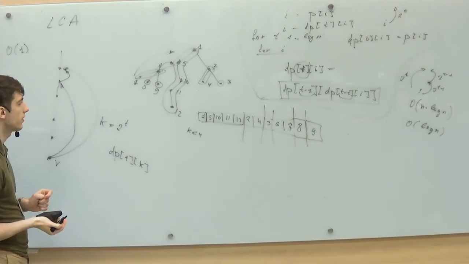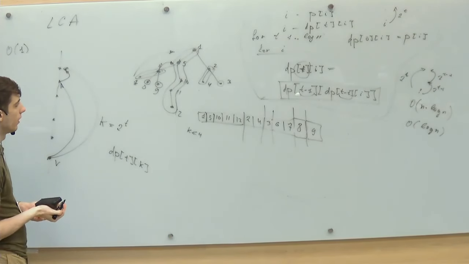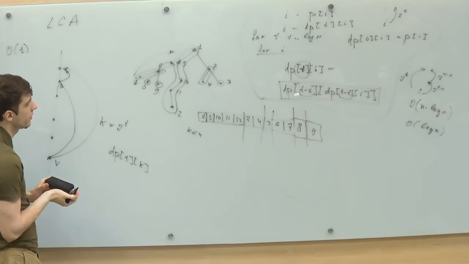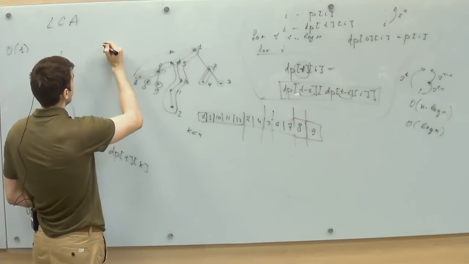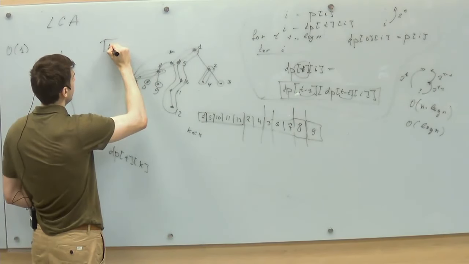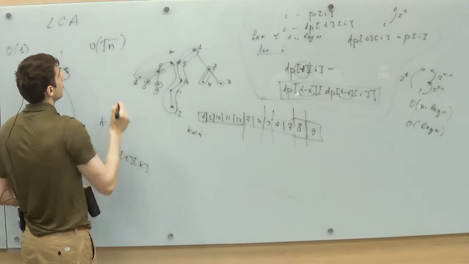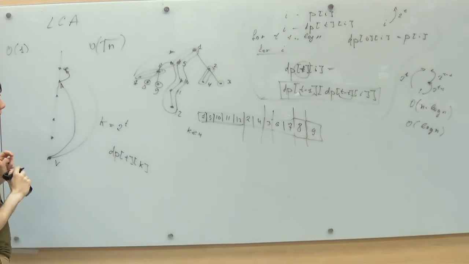But this approach can work slowly, so there is a worst case where this approach will give you this complexity, which is for sure not what we're going to do here.